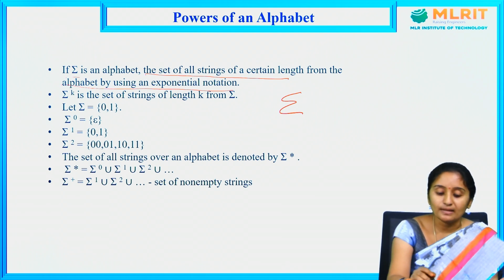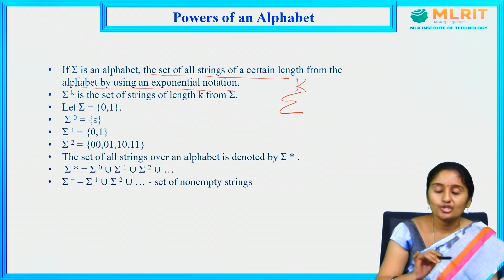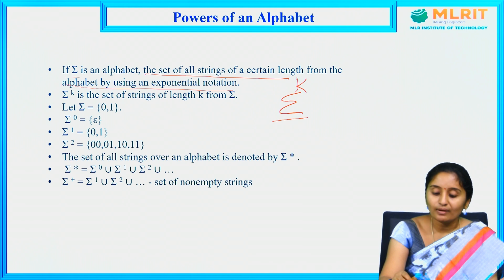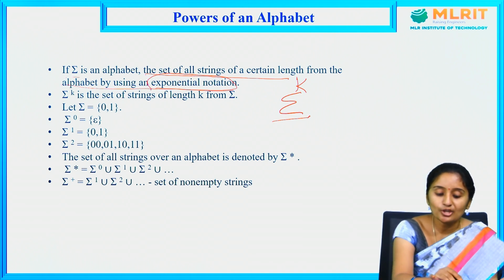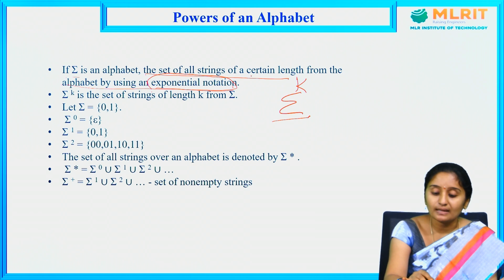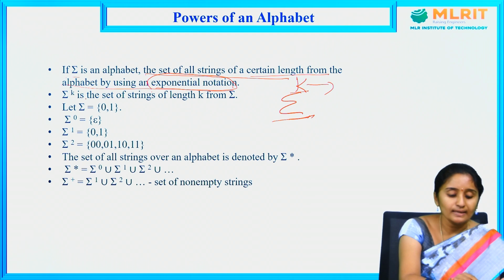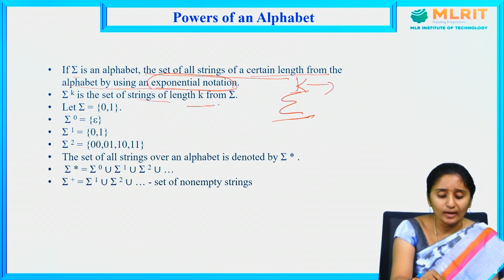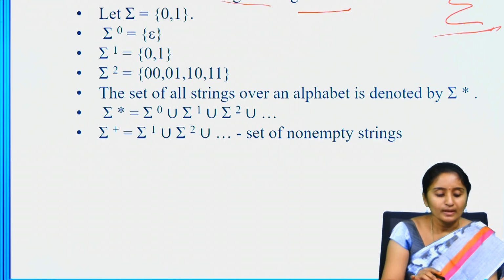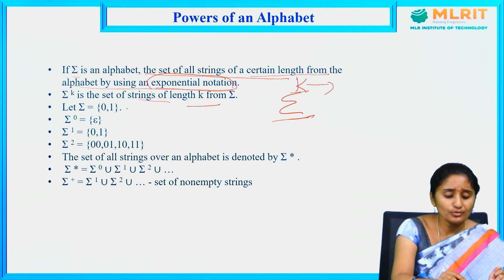That is sigma power k, where k shows the length of the strings over the alphabet sigma. See here, sigma power k is the set of strings of length k from sigma. So here, let sigma equal to 0, 1.